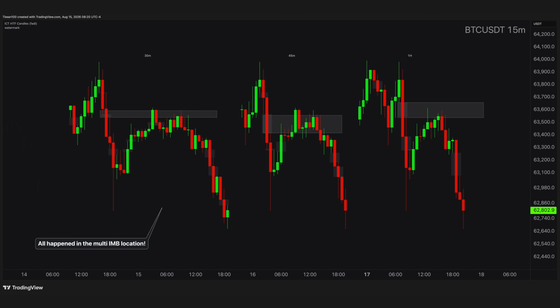All the price action we just observed in the lower time frames happened in an area of multi-imbalance location. Now do you understand how we reverse engineered every single thing, starting from something very small like hunting the previous day low, the PDL, up to the higher time frames and multi-imbalance locations?